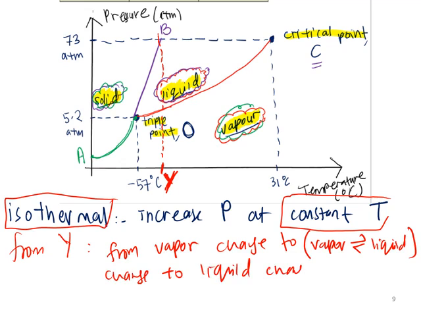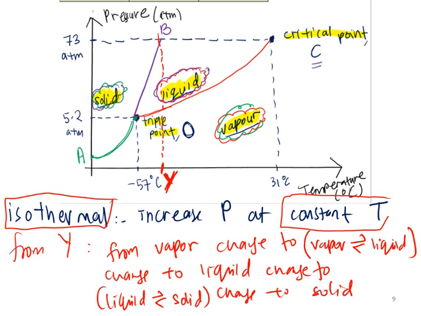Next, change to liquid in equilibrium with solid. Last kali lah, change to solid. Tu cara kita nak buat increase pressure at constant temperature.